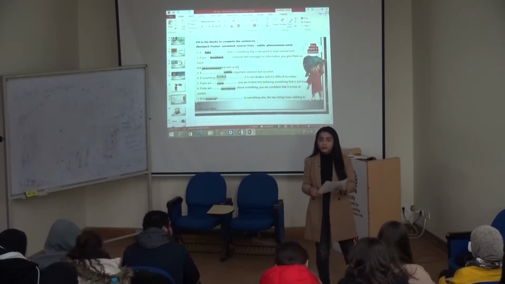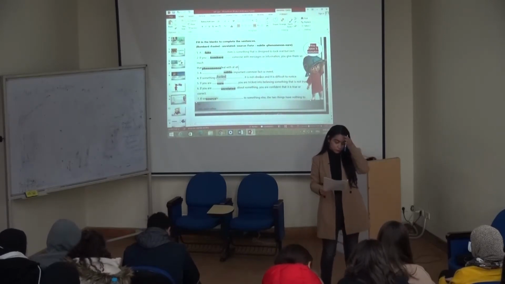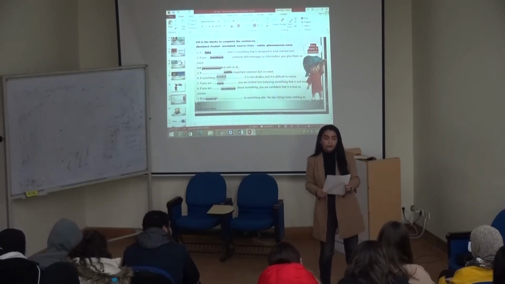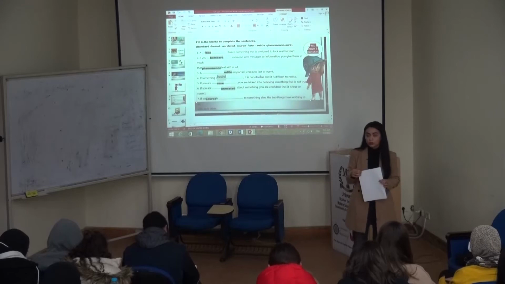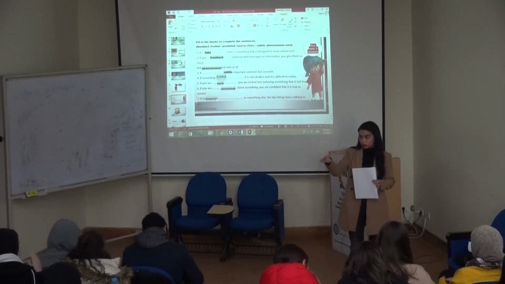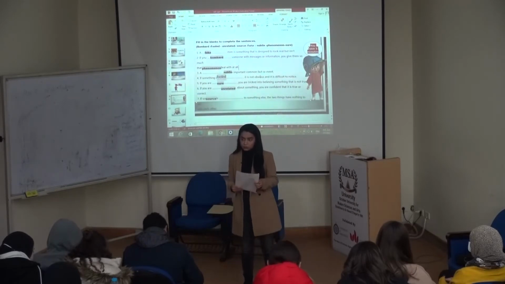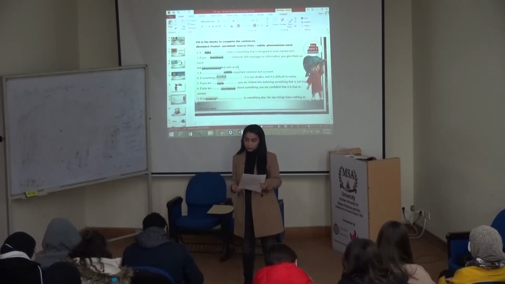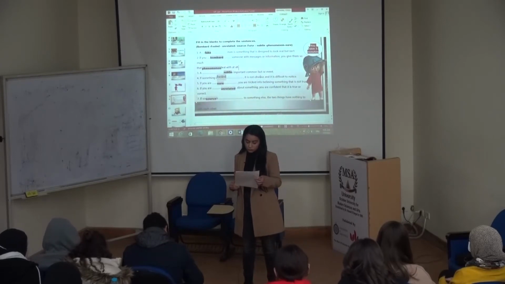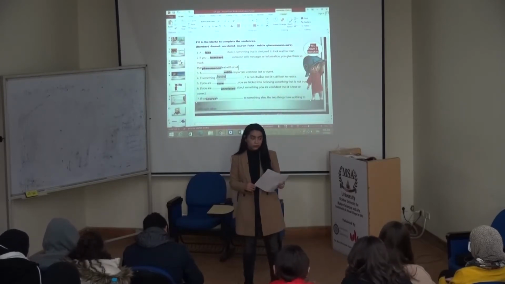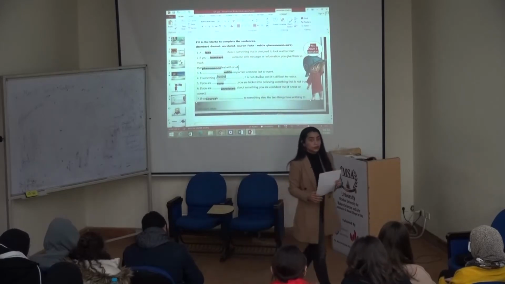Number 6. If you are sure about something, you are confident that it is true or correct. Yes, and number 7? You read the whole sentence. If something is unrelated to something else, the two things have nothing to do with each other. You guys all agree? Yes. Okay, the last one.